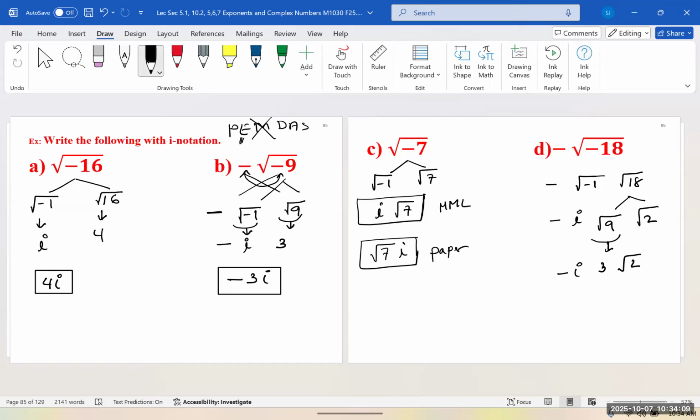The order looks weird, right? So for MyMATLAB, it wants you to write negative 3I square root of 2. However, for paper, like on the exam, you can write negative 3 square root of 2 and then I. Either one of them is fine.